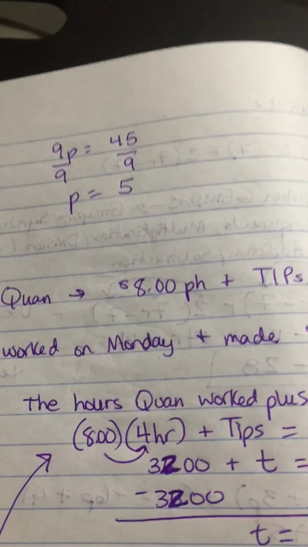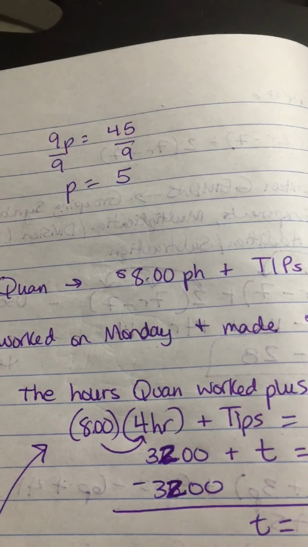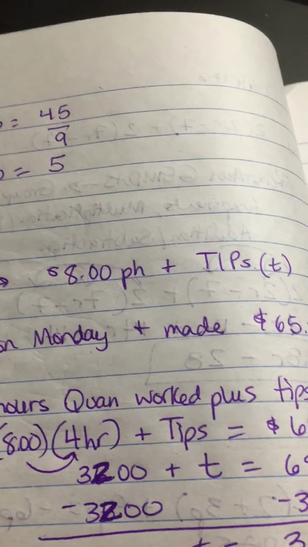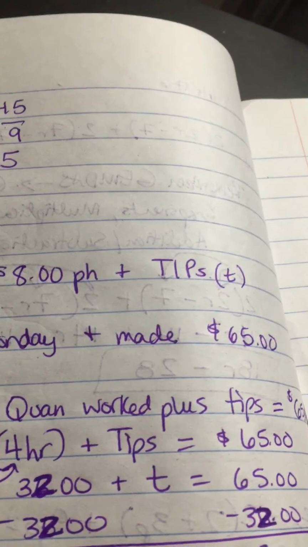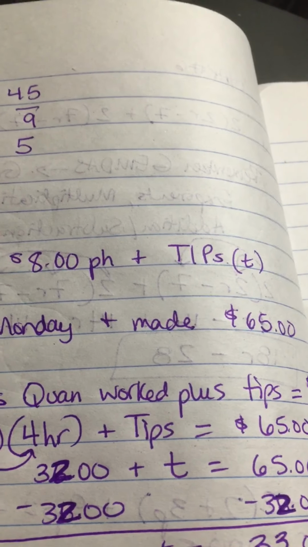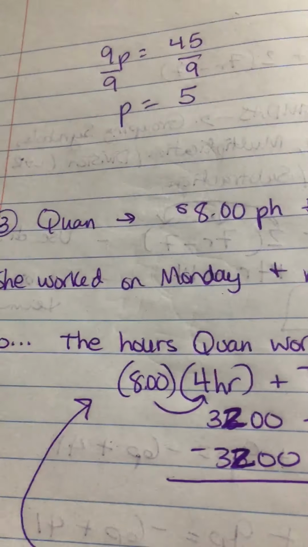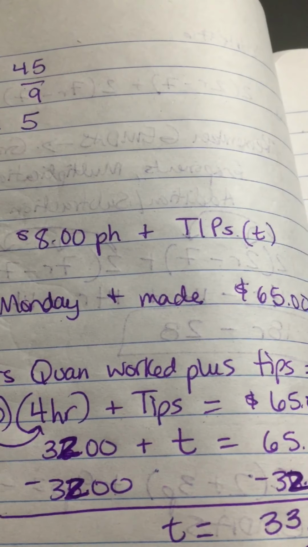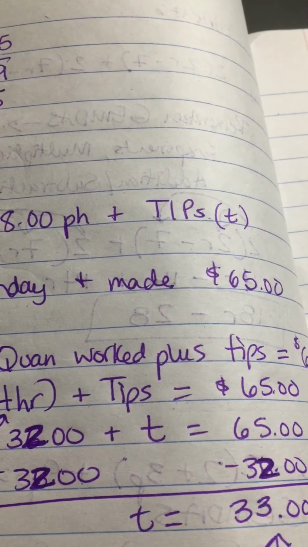So breaking this down, we know that she makes $8 per hour. The H is per hour. And she also gets a tip, and that's T. On Monday, she only worked 4 hours, and she made $65.